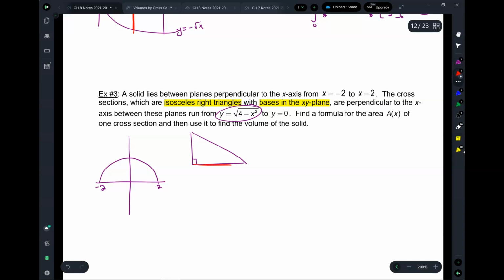So one of the bases is in the xy plane, perpendicular to the x-axis. Do you see that? So if you have a series of them, that's how they would look. So imagine taking this by the hypotenuse, no, the base, and arranging them here.